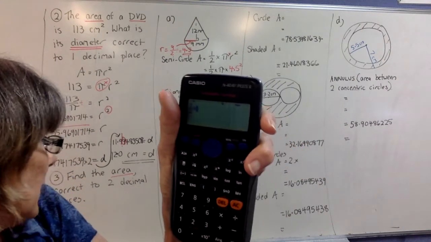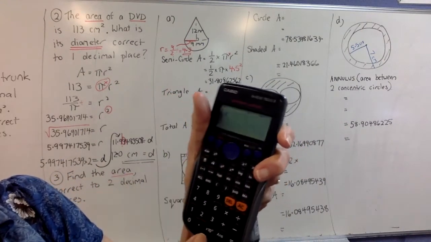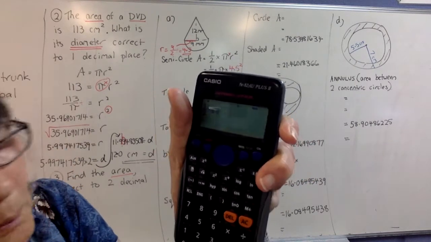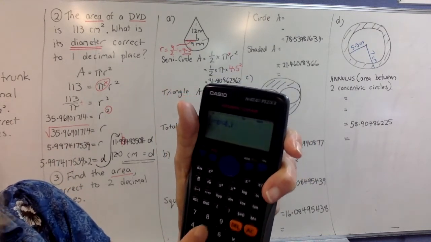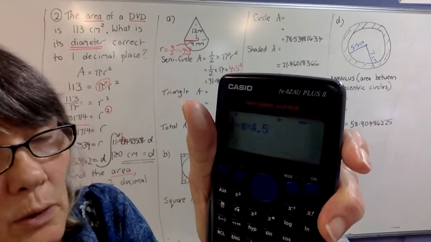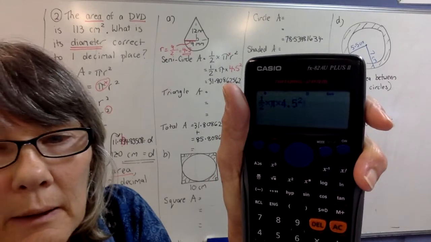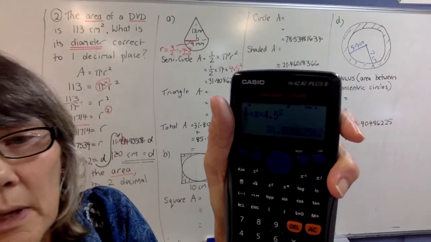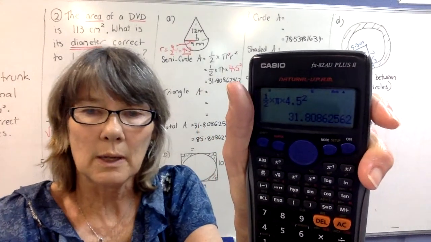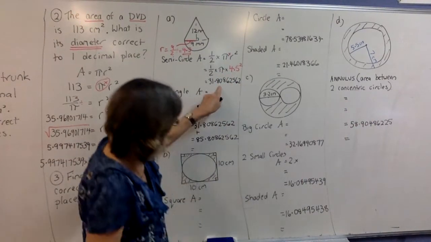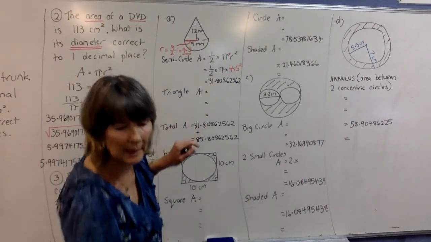We want pi now, so it's shift pi, times, then we're doing 4.5 squared. So 4.5, and to get the squared, it's the x squared up the top here, press that, should look like that, and then you can press equals. And the answer is 31.8. And here it is. Okay, so make sure you get that answer.